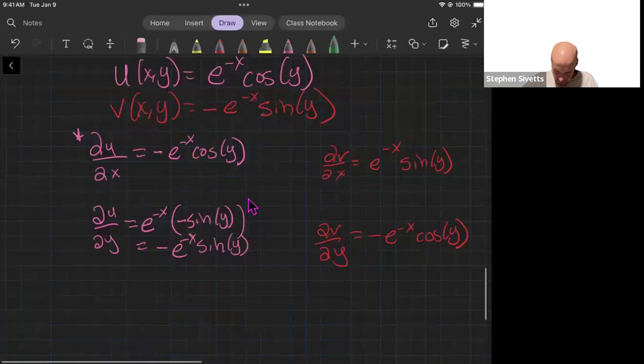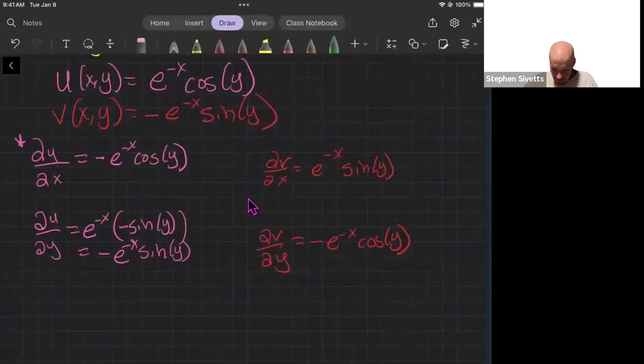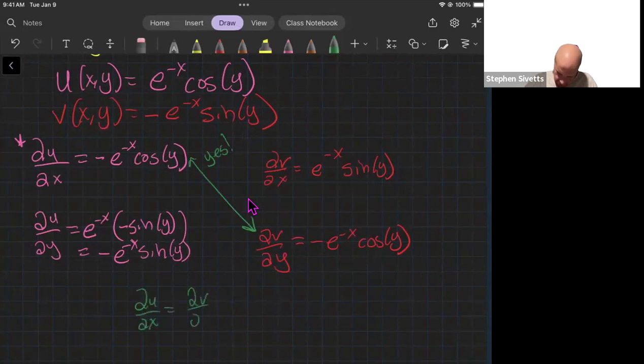Do we have that the partial of u with respect to x is equal to the partial of v with respect to y? Yes, that is true. Check. Second test: do we have the partial of u with respect to y equal to minus the partial of v with respect to x? Yes, we do.